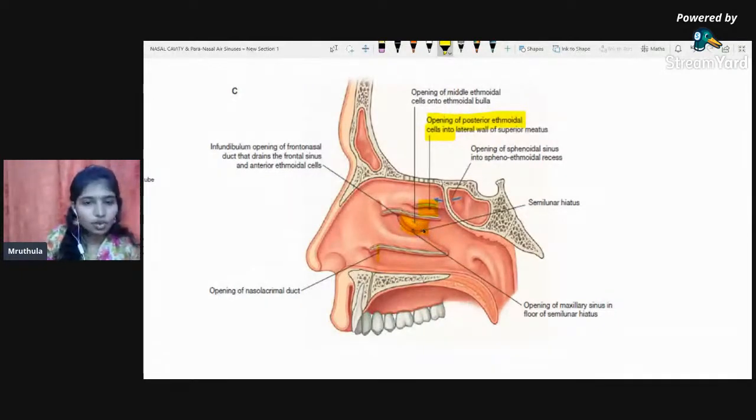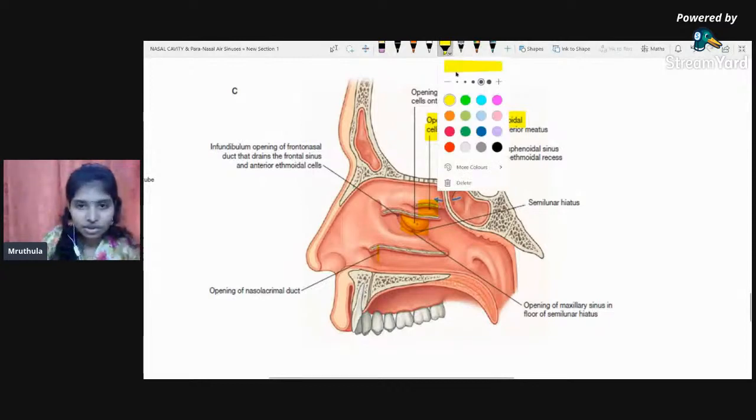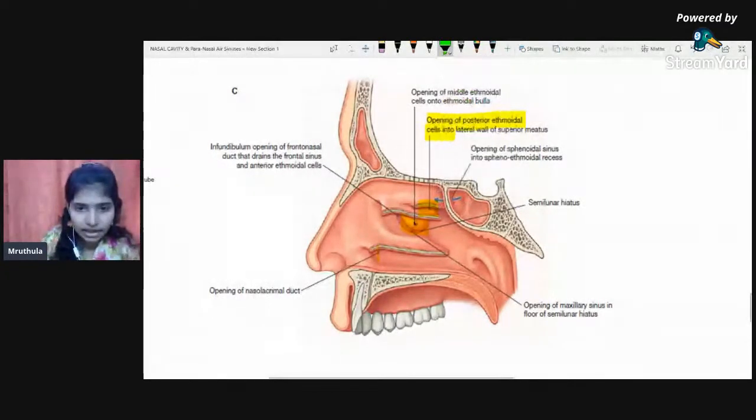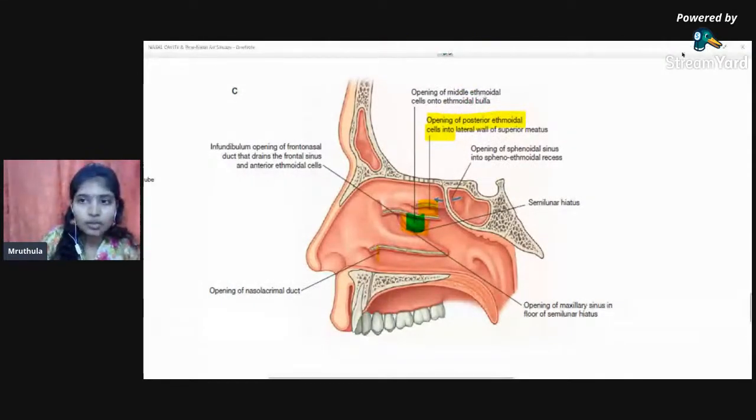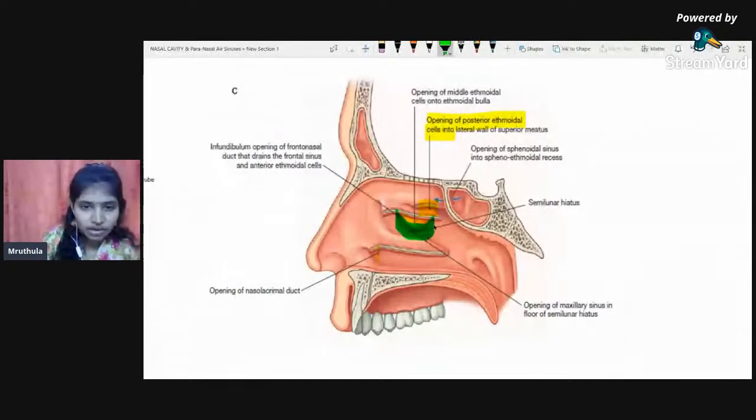We have two parts first. Let me name the parts. You can see a huge bulge, the part highlighted in green. This huge bulge is called the bulla. And just inferior to the bulla, again highlighted in green, we have a C shape or curved shape depression.